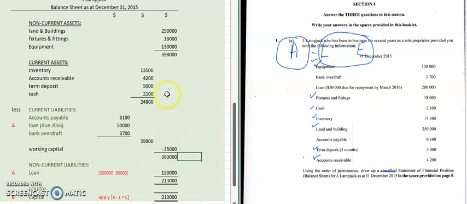And we will add the working capital onto the non-current assets, right? And then subtract the non-current liabilities. So we still have order of permanence, it's just that we're using a slightly different approach.